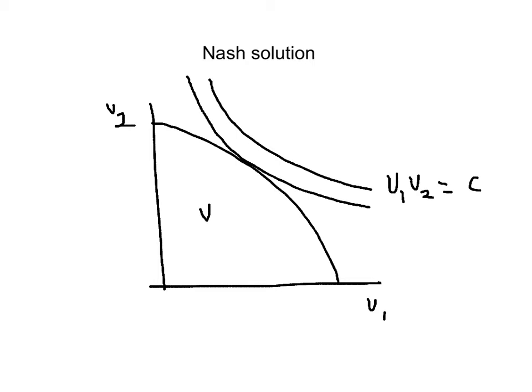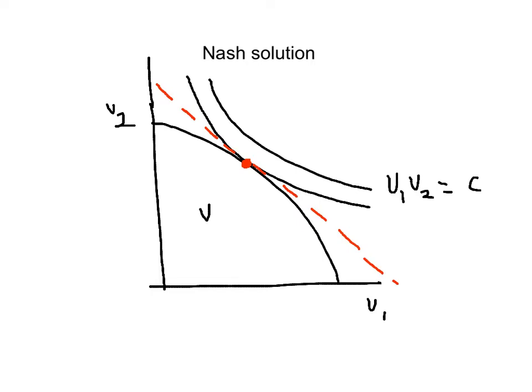Now at the tangency point, this here is the Nash bargaining solution. This is the tangency here. Now a very interesting property is that the Nash bargaining solution is actually the midpoint of the tangent line. So I need to complete my drawing here to show you.